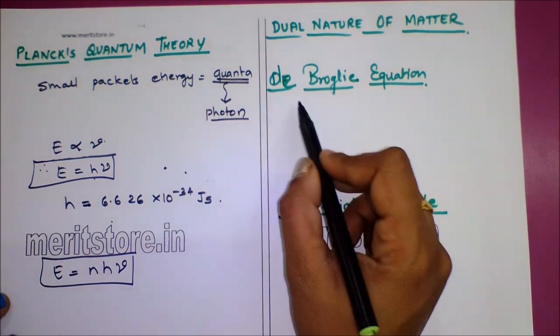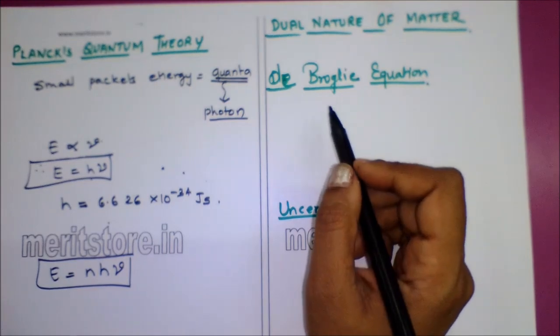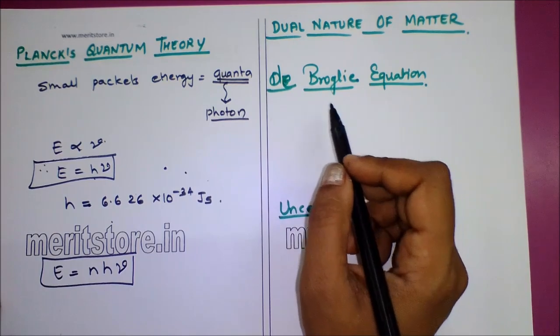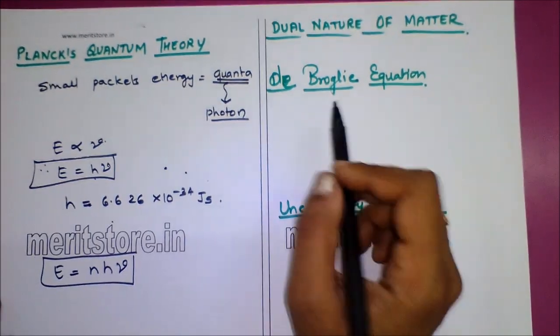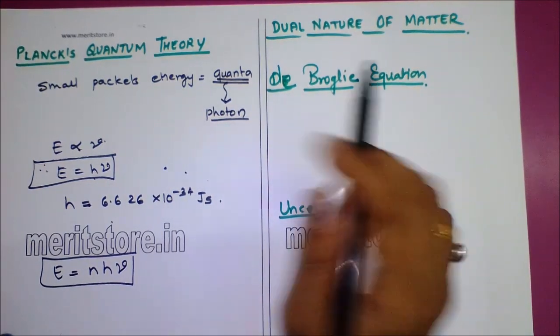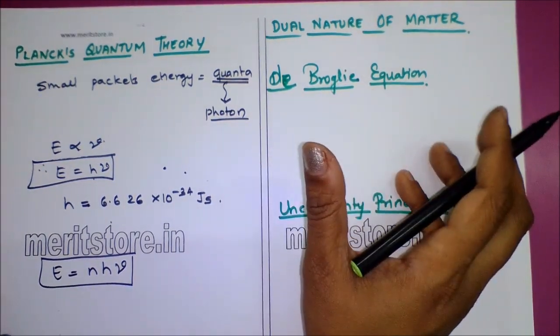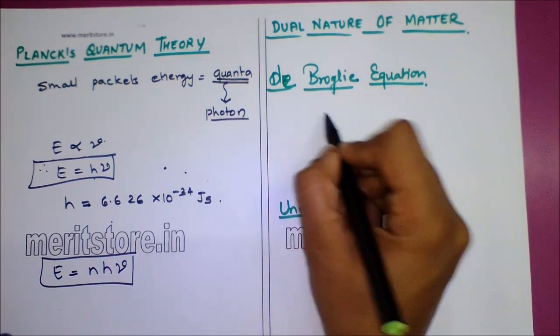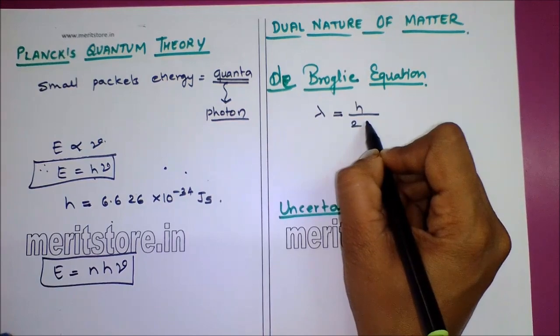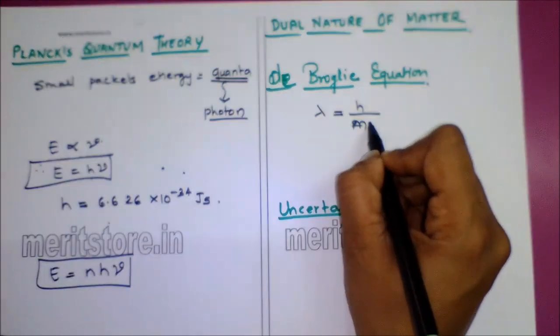According to this, de Broglie also suggested that all material particles in motion, if they are associated with some mass and some velocity, can also behave like a particle as well as a wave. The wavelength related to that can be given as lambda equals h upon m v.